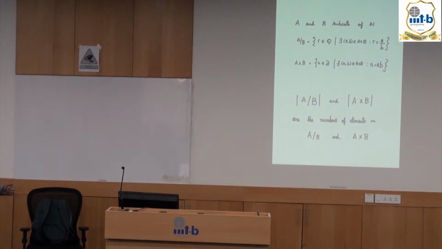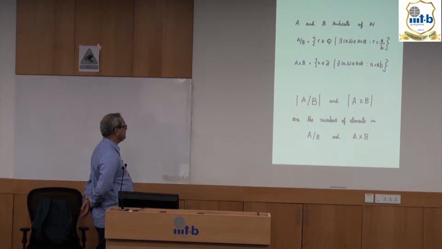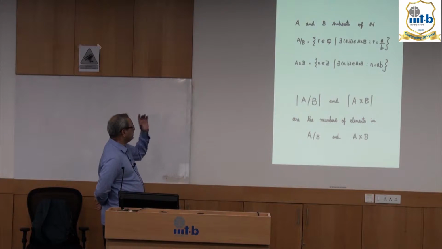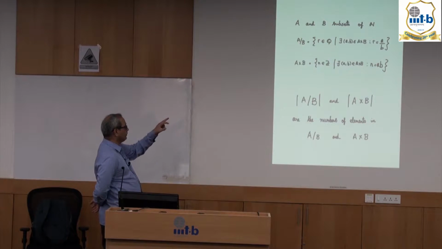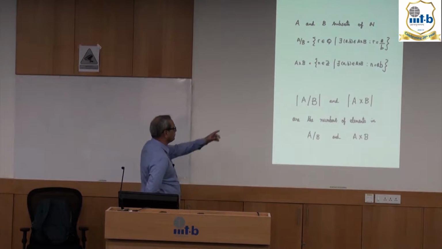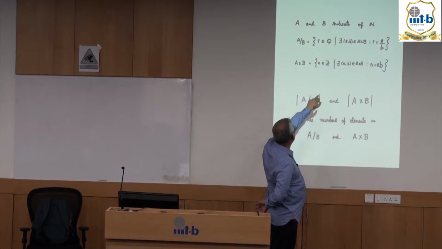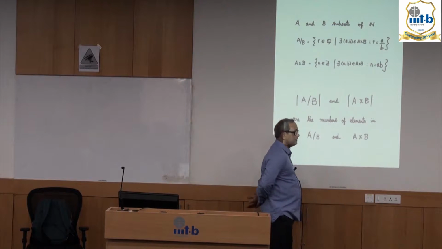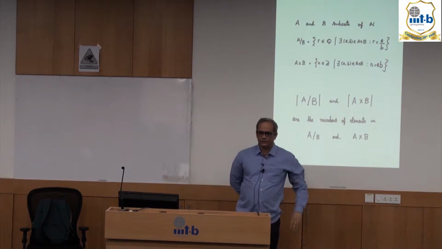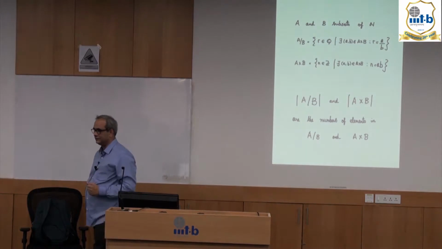So that is the notation A by B, and A cross B is the set of integers which are of the form a into b, where one of the two multiplicands comes from A and the other from B. This is the meaning of these notations which I will use throughout the lecture.